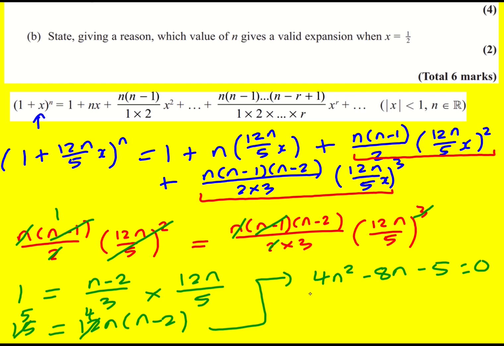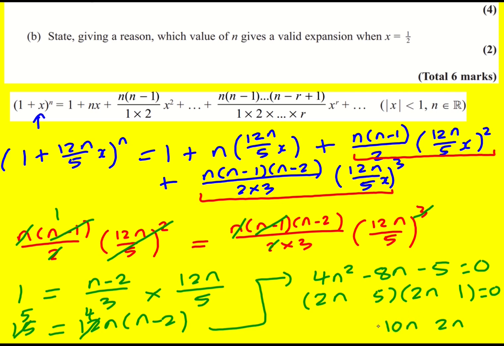And let's try and factorize this. You can either go with 4n and n or 2n and 2n. Let's go with 2n and 2n. So the only way this is going to work, if it is going to work, is to put a 5 here and a 1 here. And then when I multiply across, I'll get 2n times 1 and 2n times 5.